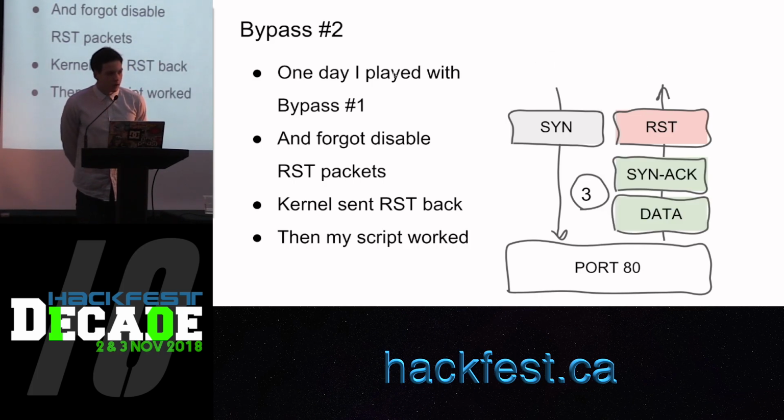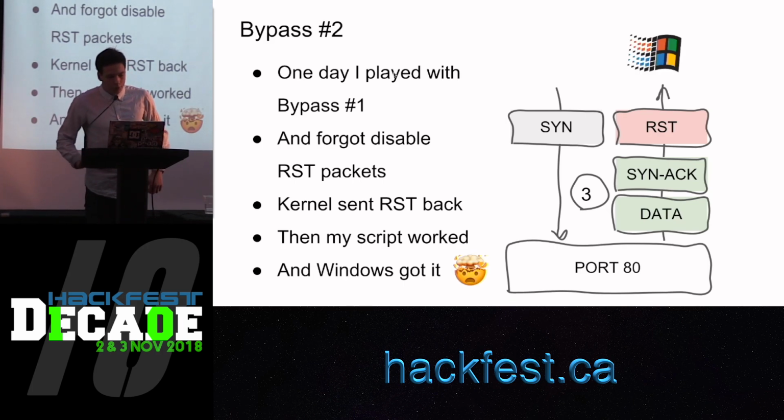Of course, my exploit was listening to an interface, it saw the incoming packet, and it sent these two packets, the second stage of the TCP handshake and the packet with data. And surprisingly, my Windows web browser got it. Connection should be reset, but instead Windows did accept the data and displayed it correctly.